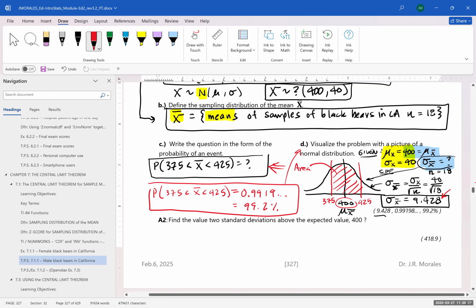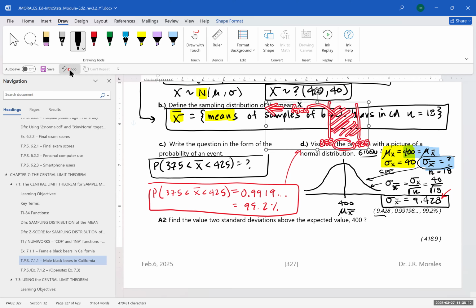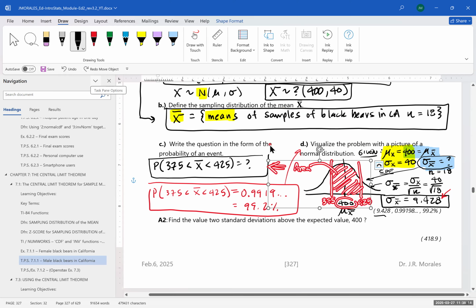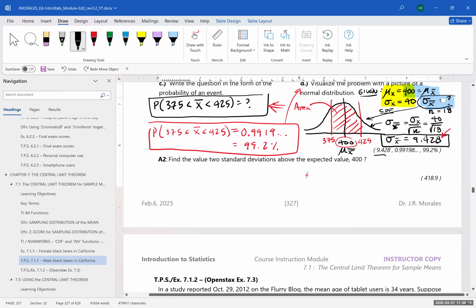Now, the next one is find the value 2 standard deviations above the expected value. For this, I'm going to use the algebraic relationship: x bar equals sigma x bar times z plus mu x bar.